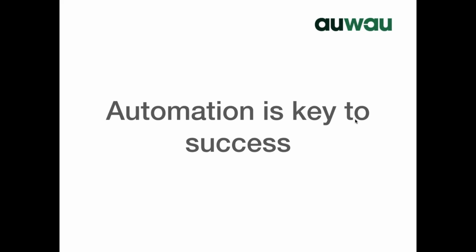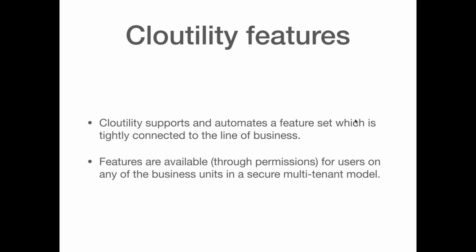That can all be automated within Spectrum Protect. What we do with Cloudtility, the features we provide, are more about the business. Cloudtility supports and automates a feature set which is totally connected to and supporting the line of business.